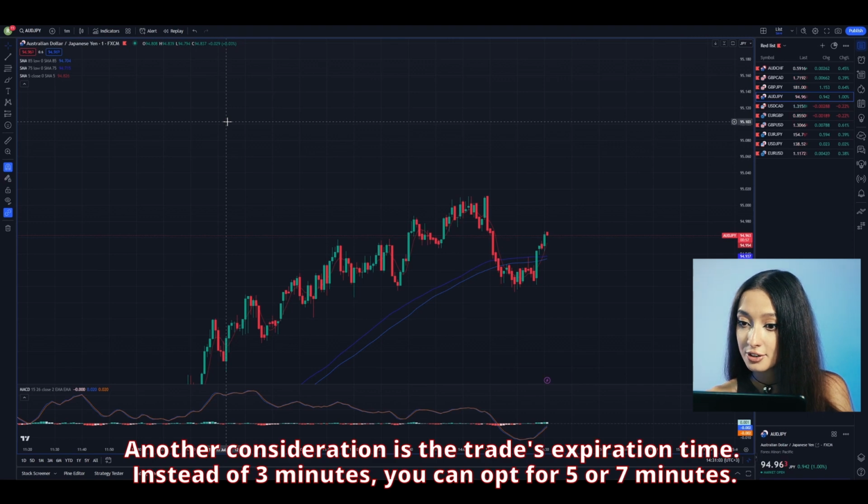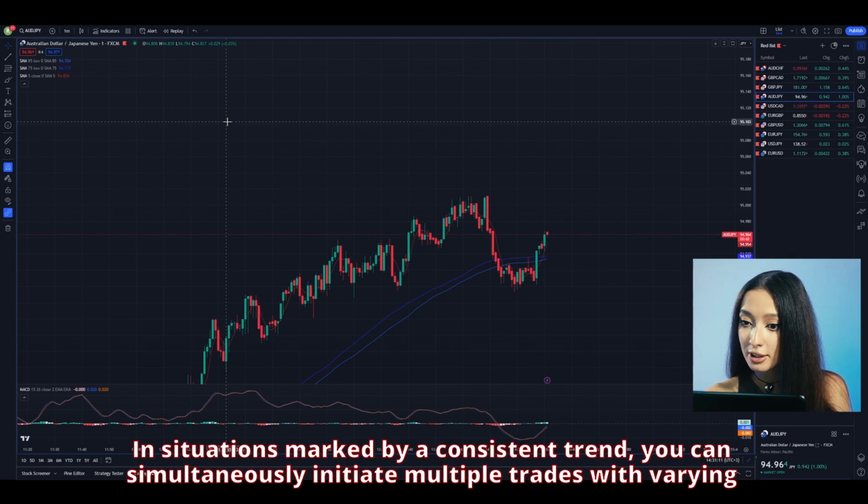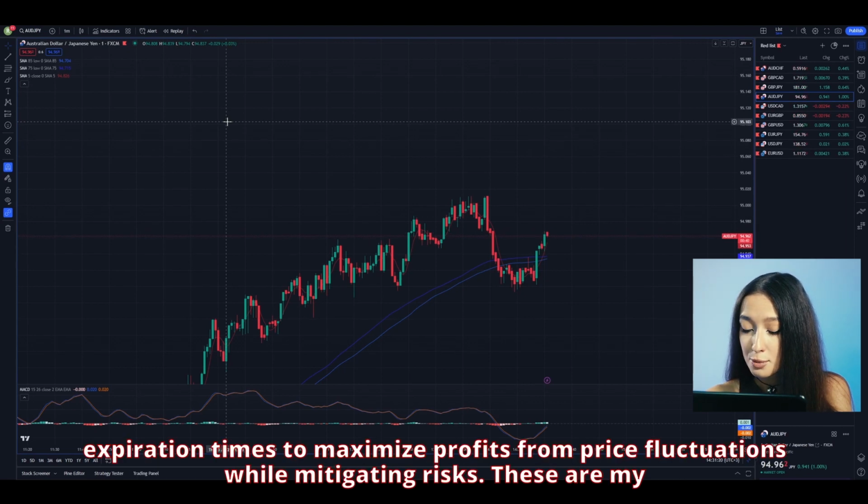Another consideration is the trade's expiration time. Instead of 3 minutes, you can opt for 5 or 7 minutes. In situations where the market shows a consistent trend, you can simultaneously initiate multiple trades with varying expiration times to maximize profits from the price fluctuation while mitigating risks.